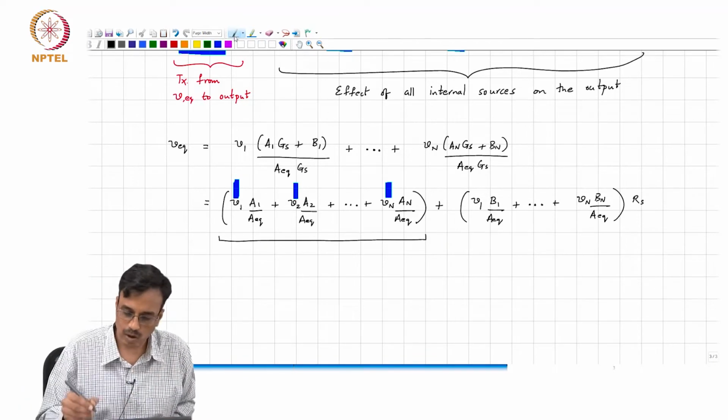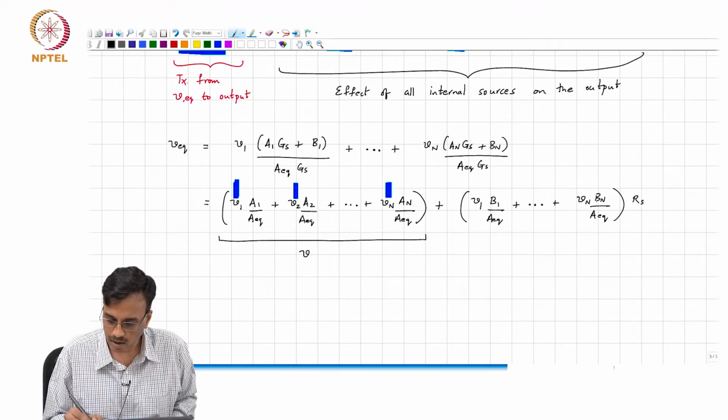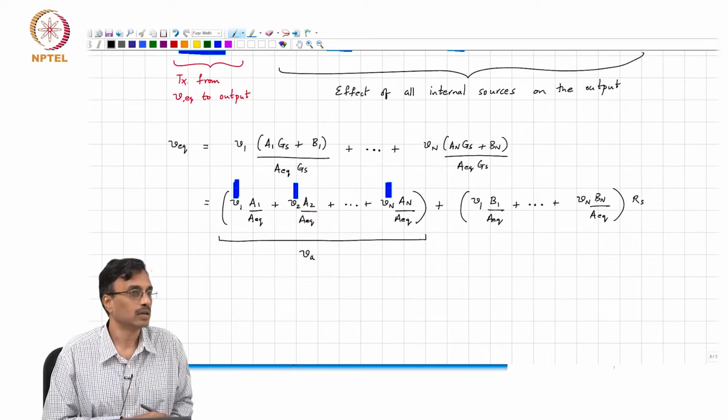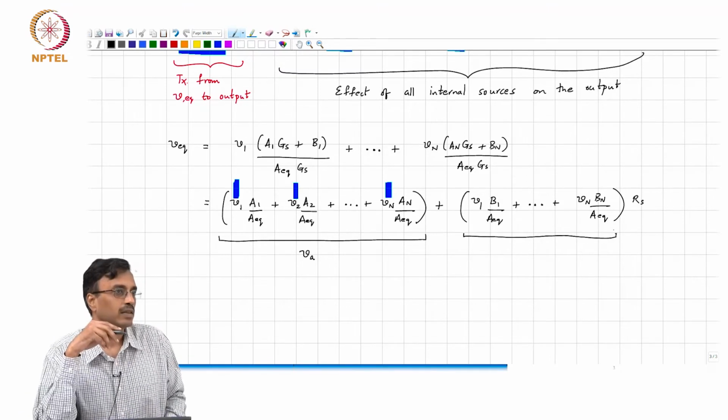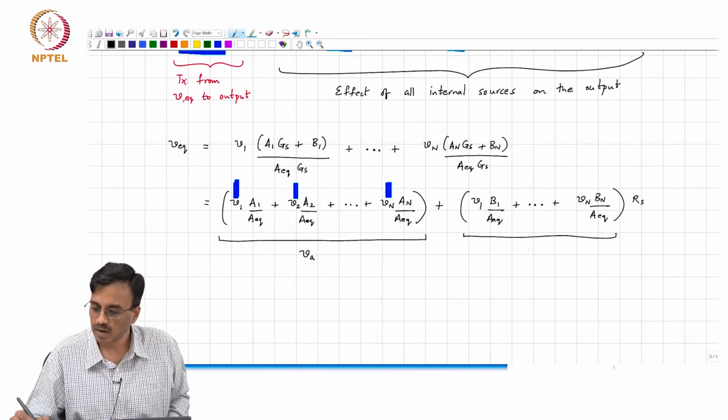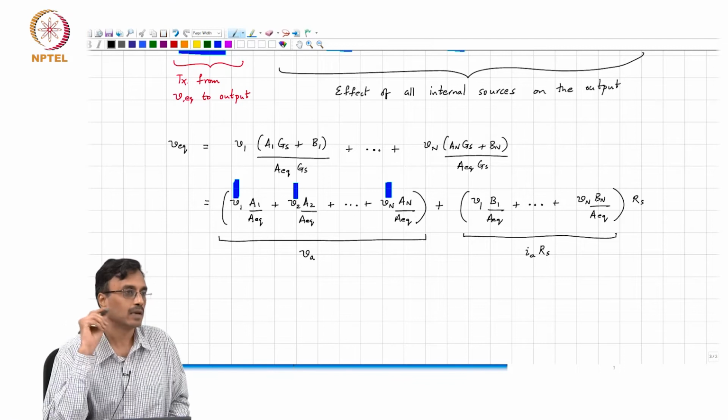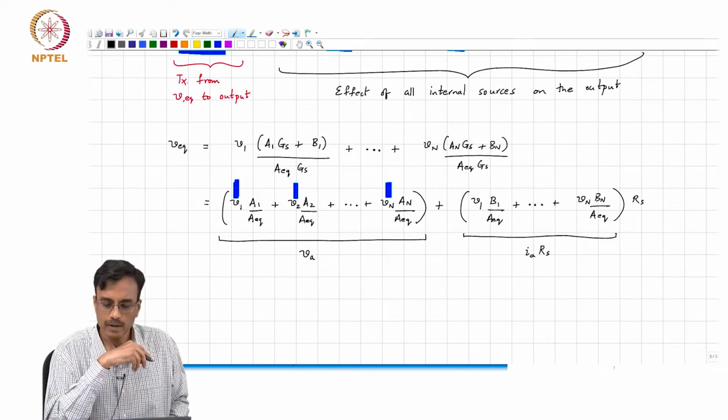Okay. Now, what comment can you make? Let us call this VA, all right. And what comment can we make about the dimensions of this quantity here? This is current, and this is IA times RS, all right.